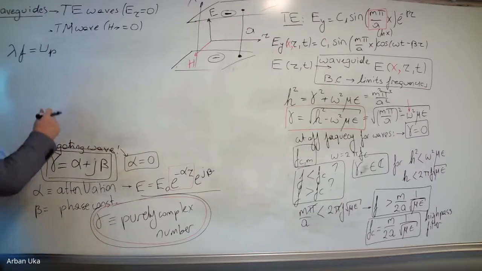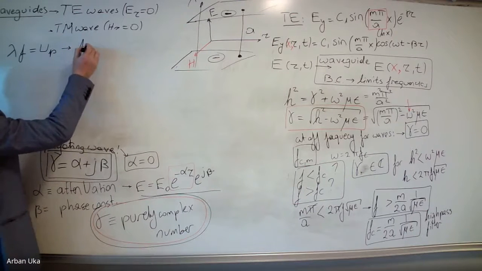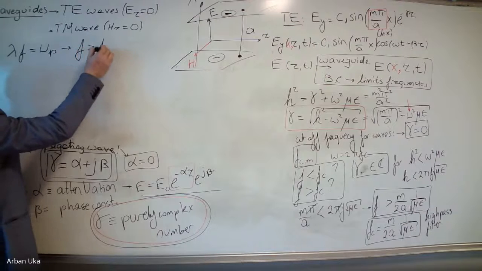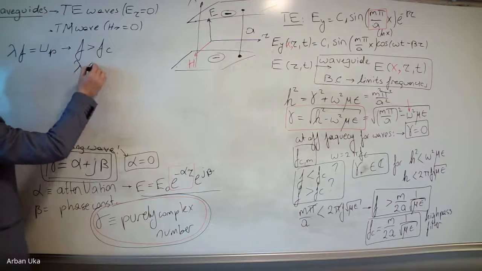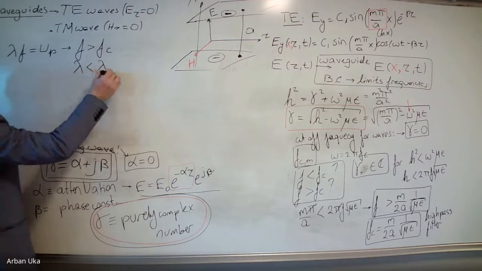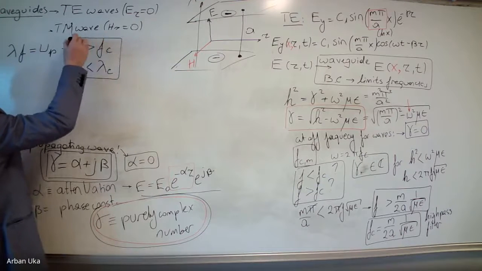So if this is a constant, then if we allow the frequencies which are higher than some cutoff frequency, the wavelength that can propagate should be smaller than some cutoff wavelength. So this is somewhat the inverse.